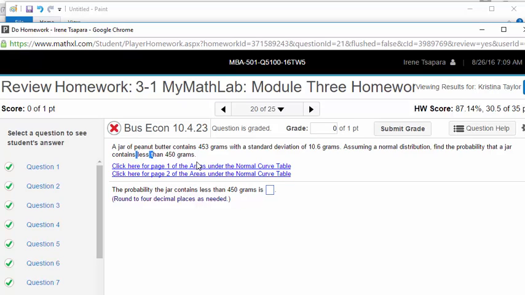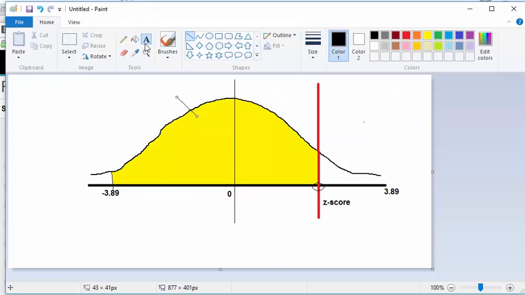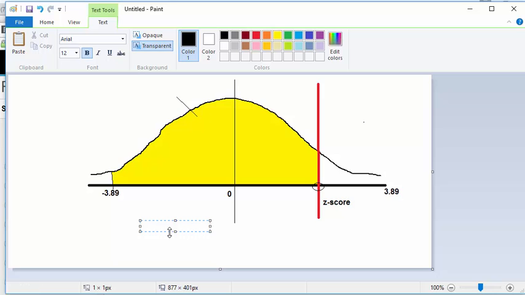The first thing that you want to do is to calculate the z-score for those numbers: for mean 453, standard deviation 10.6, and x 450. Okay, so what do you have? You have your formula. The formula says that the z-score is always equal to x minus the mean, divided by sigma.